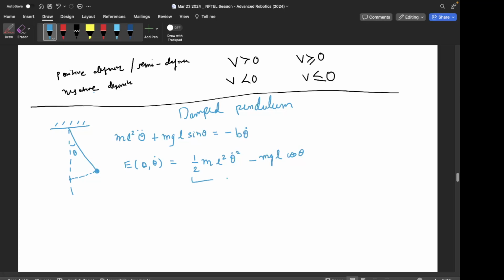If you see closely, this is the kinetic energy term and this is the potential energy term. So this is our candidate Lyapunov function.